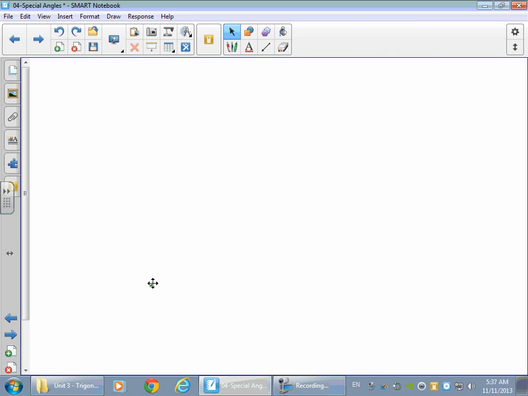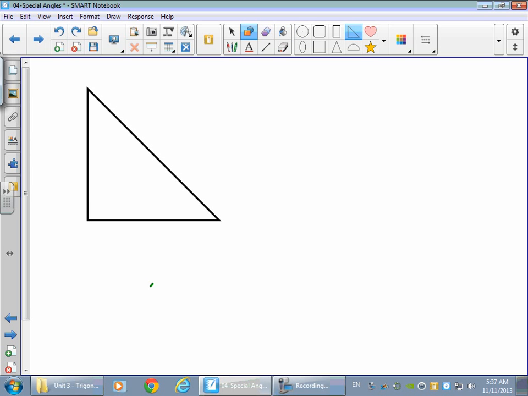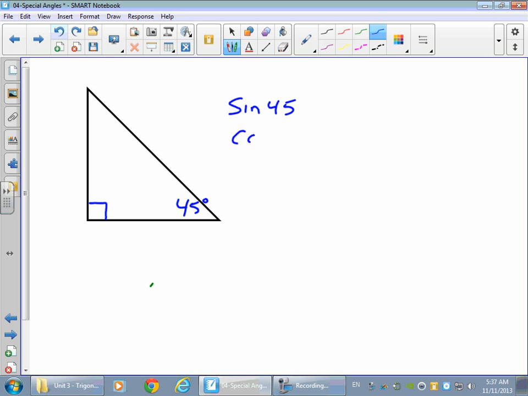And so, kind of lastly here, if we think about those original two triangles, the 45 specifically to start, if I'm looking to find sine, cos, and tan, and I want exact answers for them.